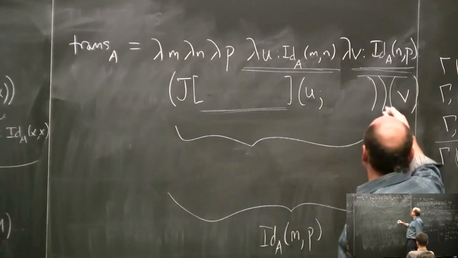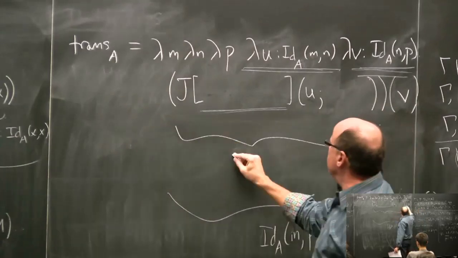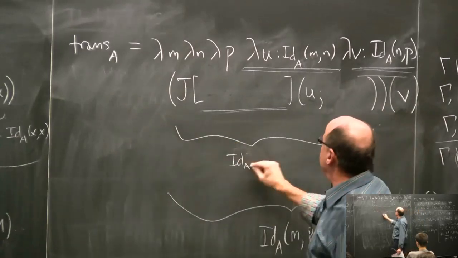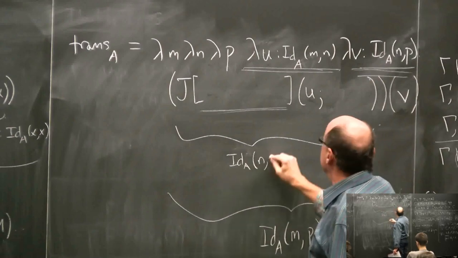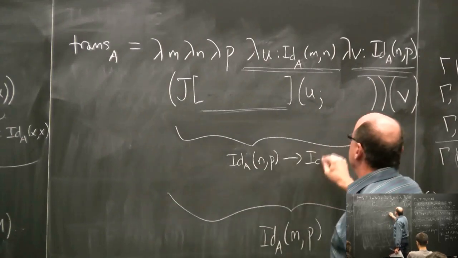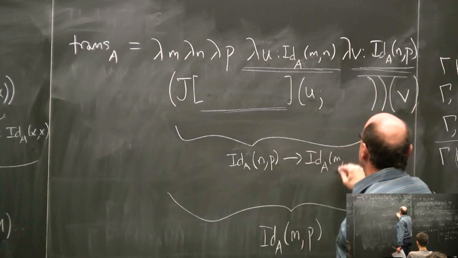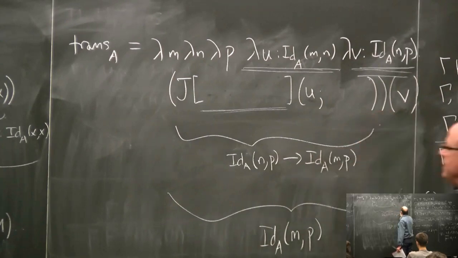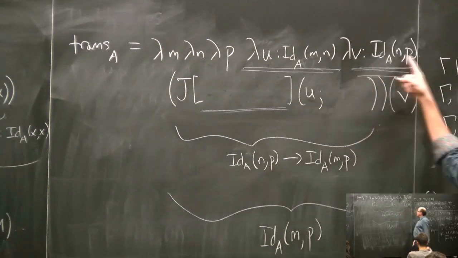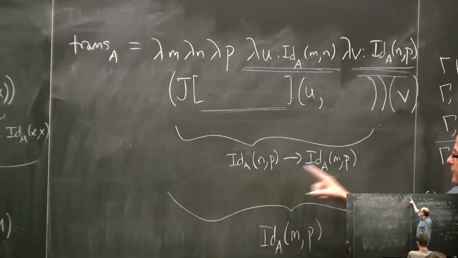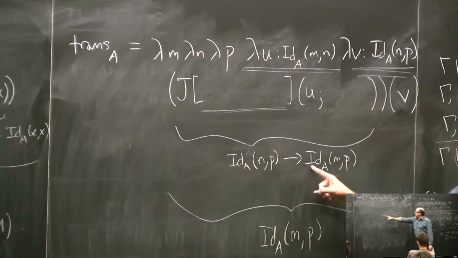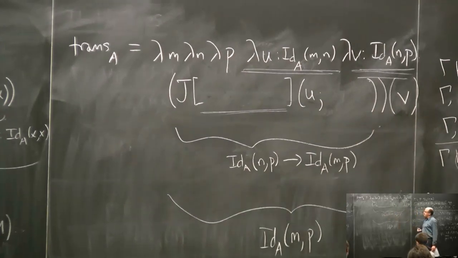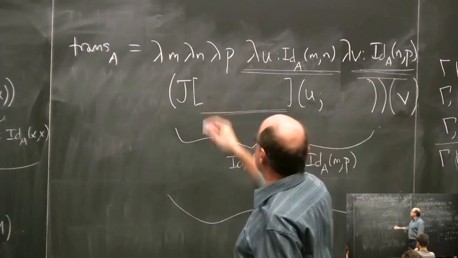And that function, the brace part, is going to have type, let's do this right, NP arrow id A MP. Because then I can apply this function to V, which I've done here, and get my id A MP. So this tells me what the motive should be.